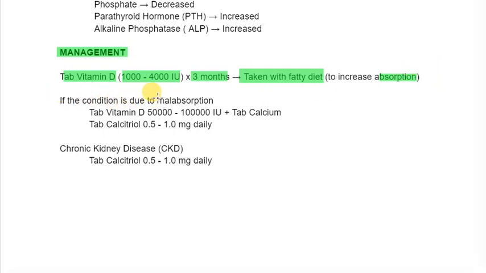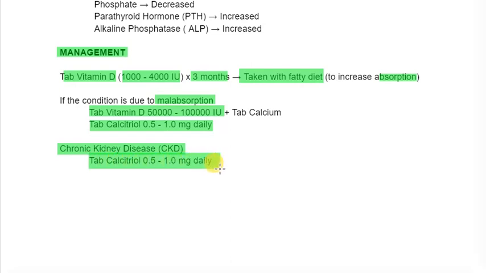If the condition is due to malabsorption, then we'll administer vitamin D 50,000 to 1 lakh international units with calcium, with the same regimen for 3 months, and tablet calcitriol 0.5 to 1 milligram daily. If that person has chronic kidney disease, at that time we'll administer tablet calcitriol 0.5 to 1 mg daily.